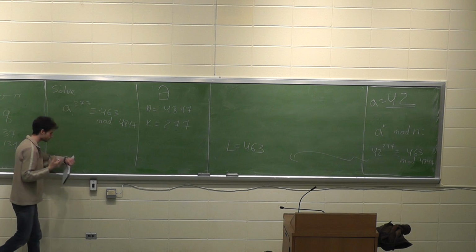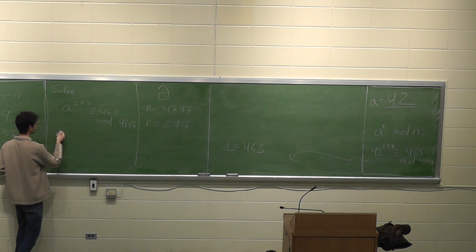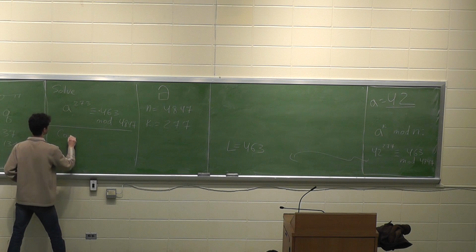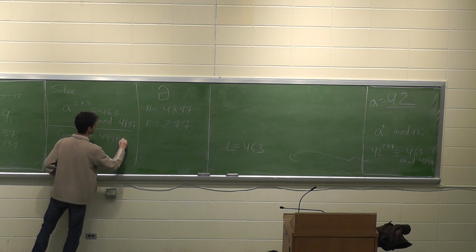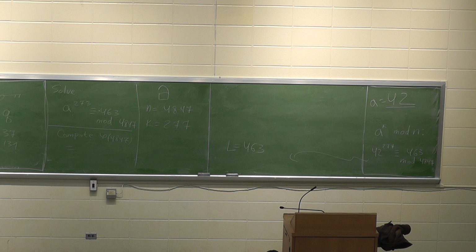Well, now we are back to the problem that we know how to solve. How to actually solve? Compute phi of this number, which is easy if you know the key, which is easy if you are this guy, which is very hard if you don't know.